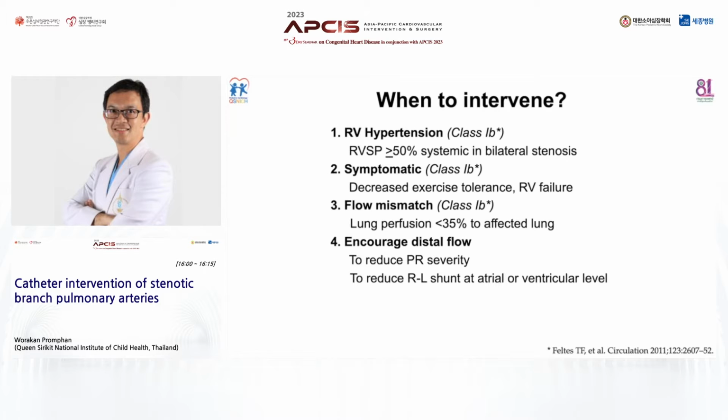And of course, if you have torrential PR, or you need to reduce right to left shunt at the atrial or ventricular level, these are things you would like to tackle.